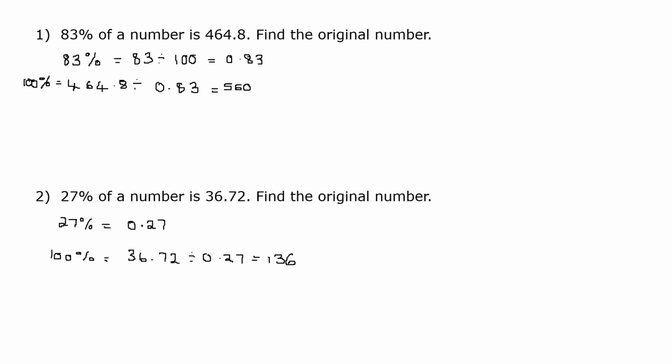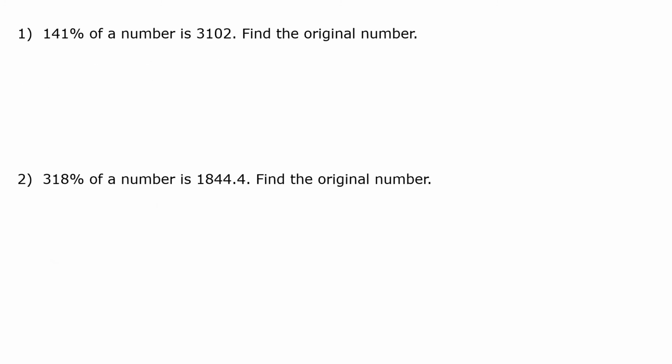Okay, so the basic rule for this, convert your percentage to a decimal multiplier and then divide the amount that you're given by the decimal multiplier. So question 1, 141% of a number is 3,102. Find the original number. So let's convert 141% into a decimal multiplier.